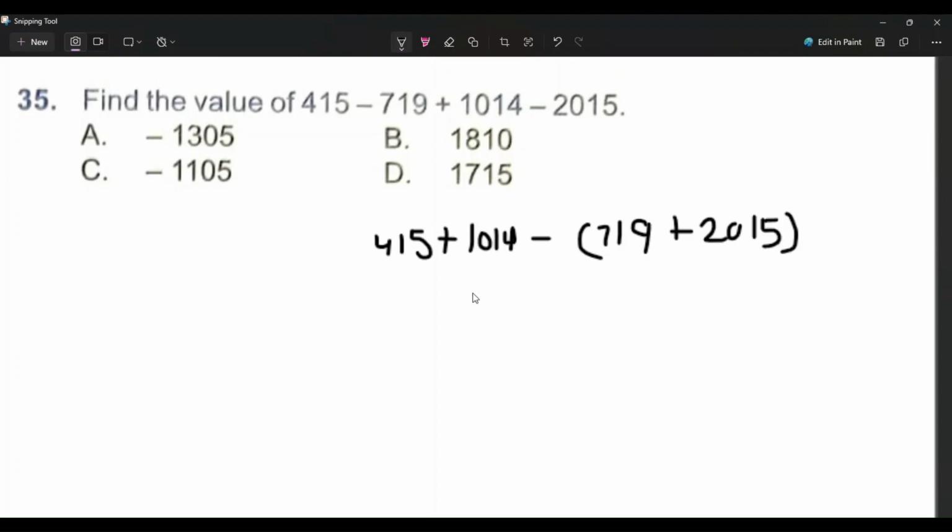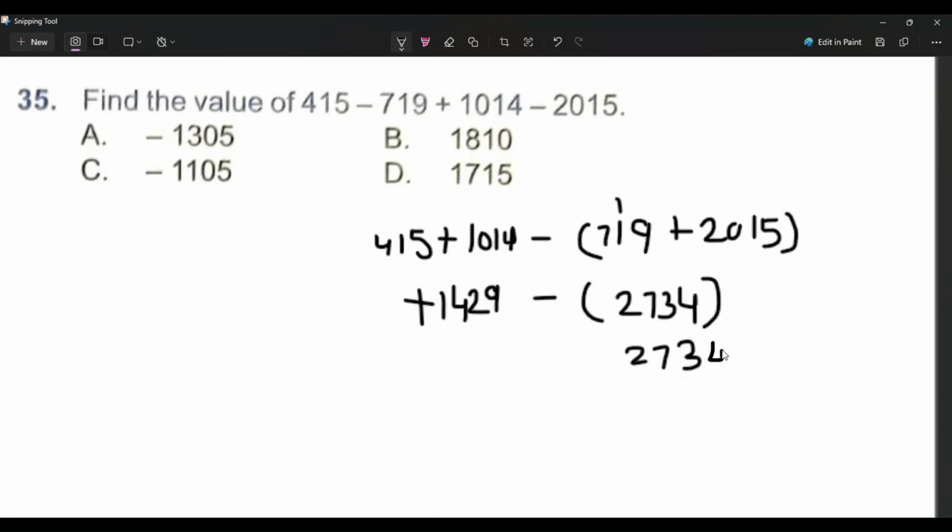So first we add these two, then these two, then let's subtract those two. 5 plus 4 is 9, 1 plus 1 is 2, 4 plus 0 is 4, 0 plus 1 is 1, minus 9 plus 5 is 4, 1 plus 1 is 2, 2 plus 1 is 3, 7 plus 0 is 7, 0 plus 2 is 2. So let's subtract these two.